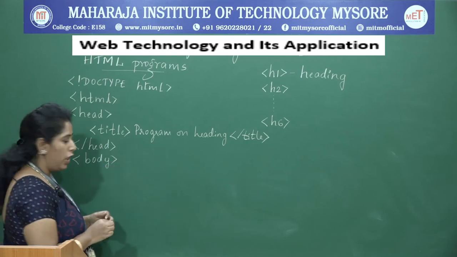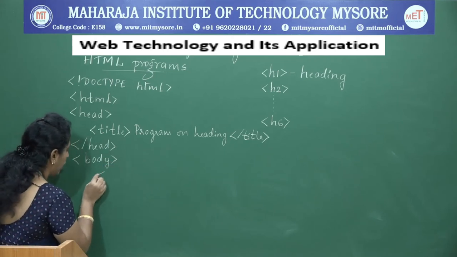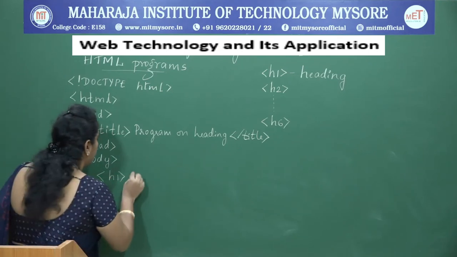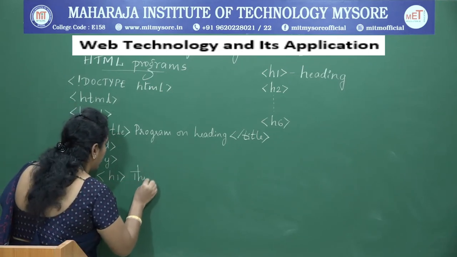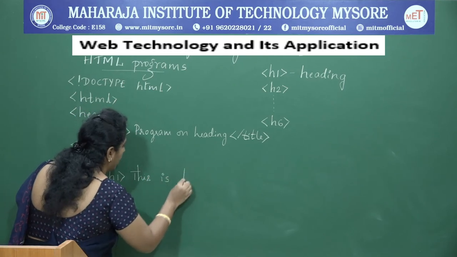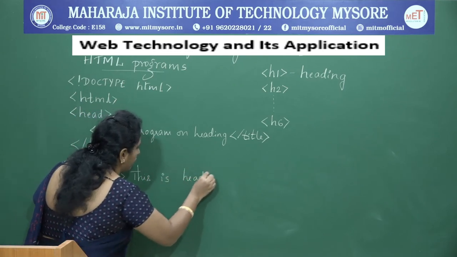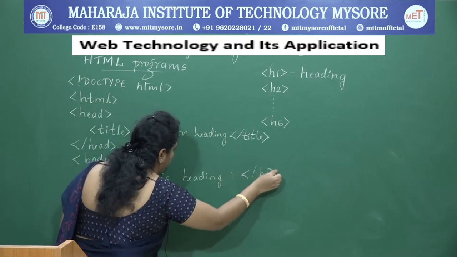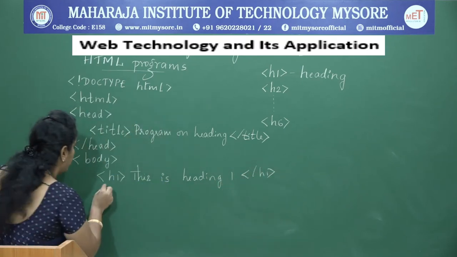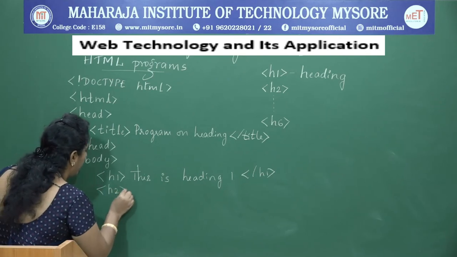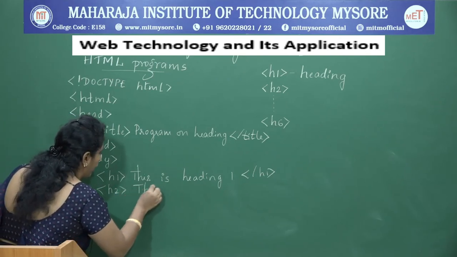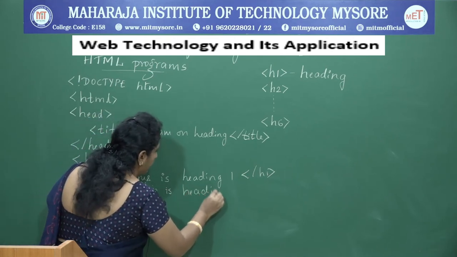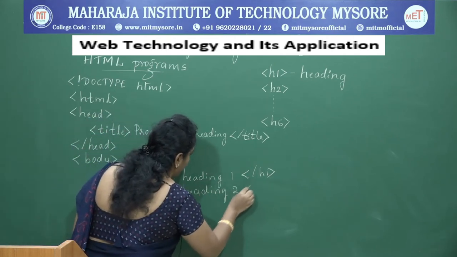Now how to execute H1 to illustrate heading 1. I am giving a text this way: This is heading 1. Then you have to end the tag. Likewise heading 2: this is heading 2.